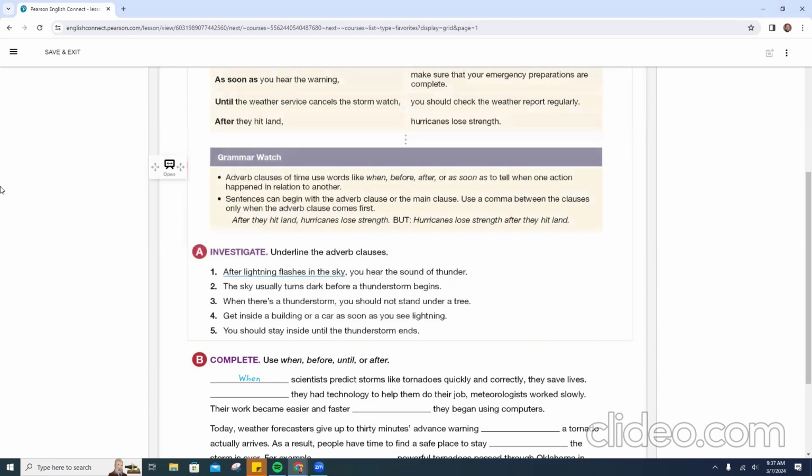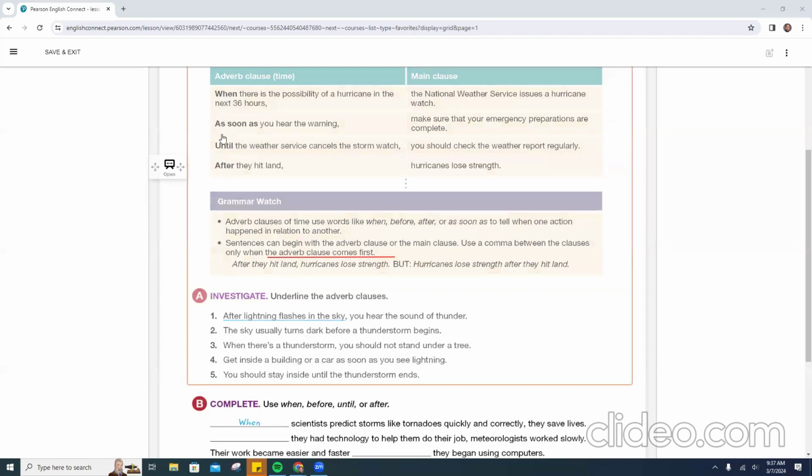So you're going to underline the adverb clause. We look at number two, when the sky turns dark, the sky usually turns dark before a thunderstorm begins. Okay, so we want to underline the adverb of time. So in this case, we're looking at these right here.